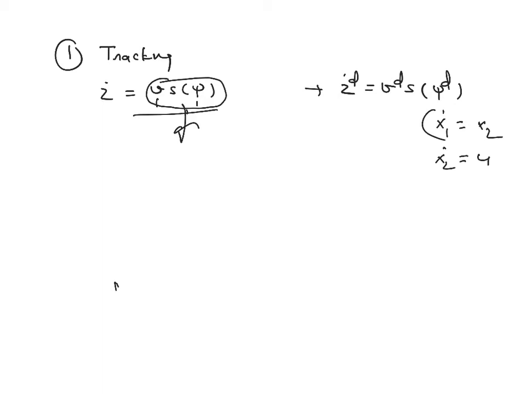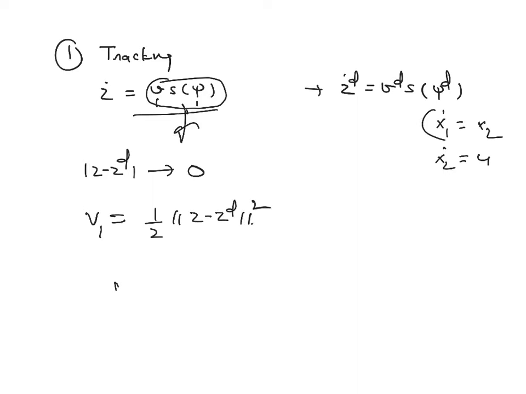We can say, okay, the objective is to make z minus z desired go to 0. That's the whole objective. What should be the velocity and what should be the heading such that this goes to 0. So for that, our first Lyapunov candidate function V1 will be half of z minus z desired squared, right?